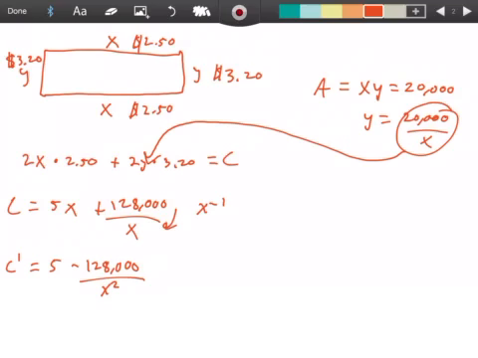Now we need to optimize this, so we'll set the derivative equal to 0. We have two terms: the 5 on one side, and then we have the 128,000 over x squared on the other. That will be 5x squared equals 128,000.